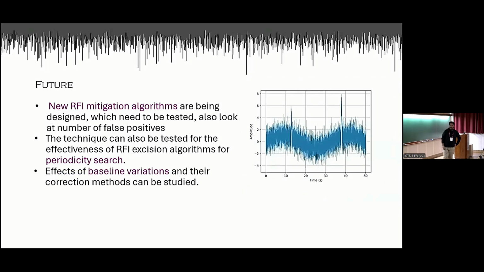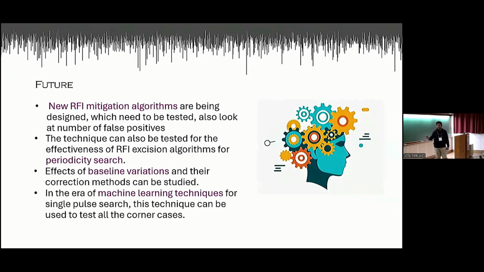We should also look at the effect of baseline variations, because they might affect the number of candidates coming out of both single pulse and periodicity searches, and evaluate how good the algorithms are doing on them. And then in the era of machine learning, for single pulse searches, a lot of techniques have already been introduced, and maybe we can use this kind of test to cover all the corner cases that we want.